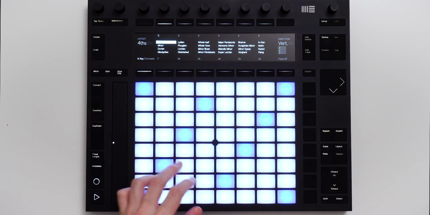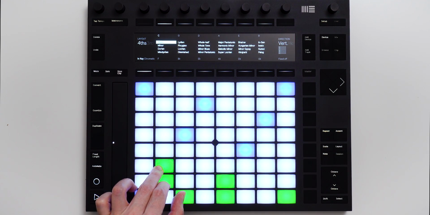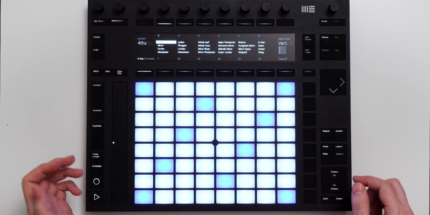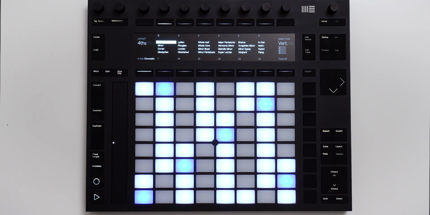Now that we've learned all these different shapes, what would these shapes look like on the chromatic scale? So let's go to chromatic. And if you think about it, it's just the same.